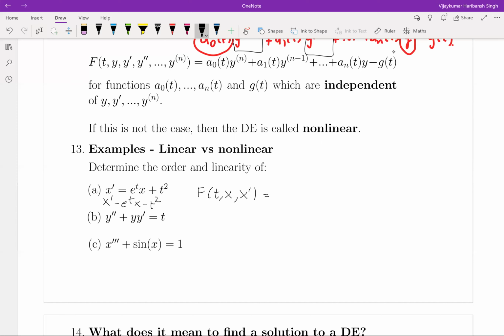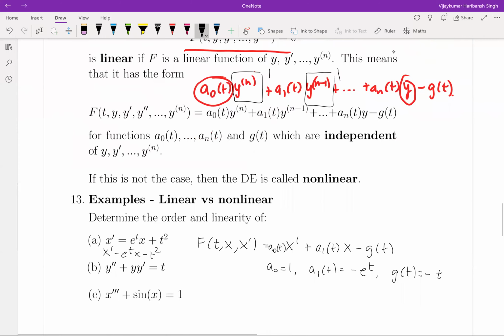This can be seen as a0(t) x prime plus a1(t) x minus g of t, where a0 is 1, a1(t) equals minus e to the power t, and g of t equals t squared, since we are writing it in the minus g of t format.